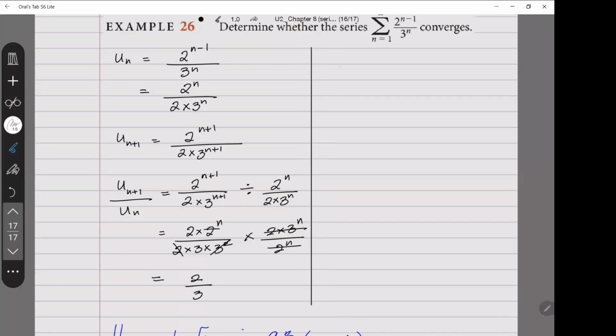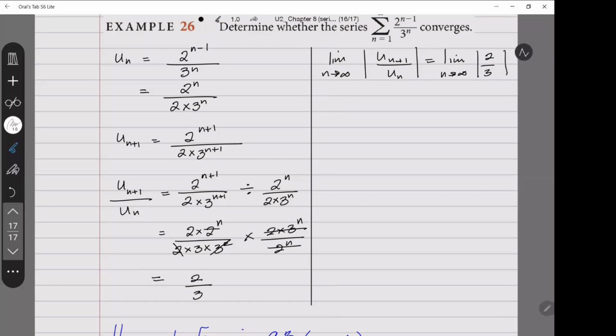So the limit as n approaches infinity of the modulus of un plus 1 over un would be equal to the limit as n approaches infinity of 2 over 3.